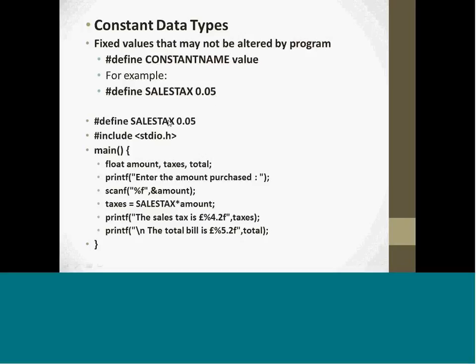It's a fixed value. It's not going to be changed by the program. And a constant you must create before the main function. You must put it at the top, before the function.